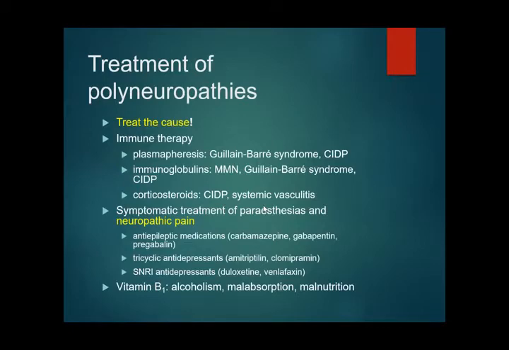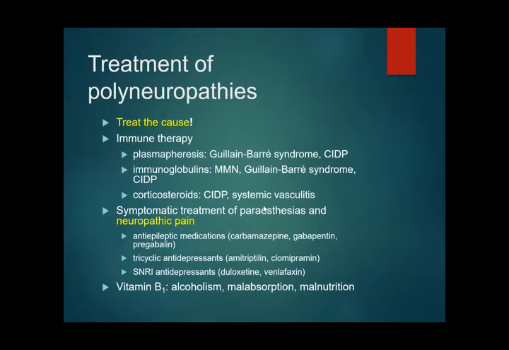Corticosteroids can be used in CIDP and systemic vasculitis. And then symptomatic treatment with anti-epileptic medication, gabapentin and pregabalin for the sensory symptoms, and even TCAs, tricyclic antidepressants, can be used, and serotonin and norepinephrine reuptake inhibitors like duloxetine and venlafaxine can also be used for painful sensory symptoms. Vitamin B1 deficiency can be caused by alcoholism, malabsorption, malnutrition, so we have to find out the cause and correct it.